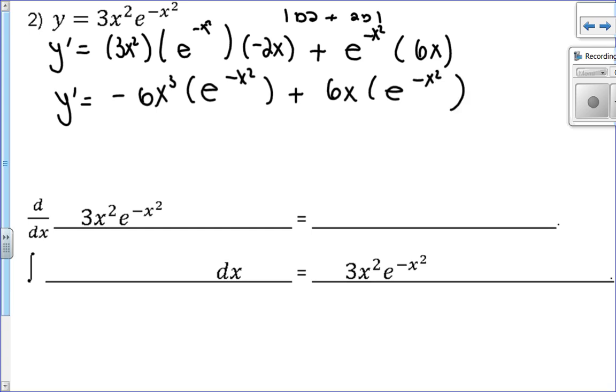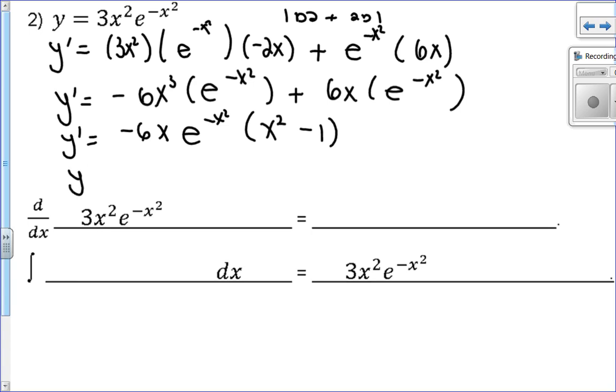Now at this point I can either expand or factor. There's really not much to expand, but I do see some greatest common factor. I see a negative 6 and an x and an e to the negative x squared. Factoring that out, negative 6 divided by negative 6 is 1. X cubed divided by x is x squared. 6x divided by negative 6x is negative 1. And e to the negative x squared divided by e to the negative x squared is 1.